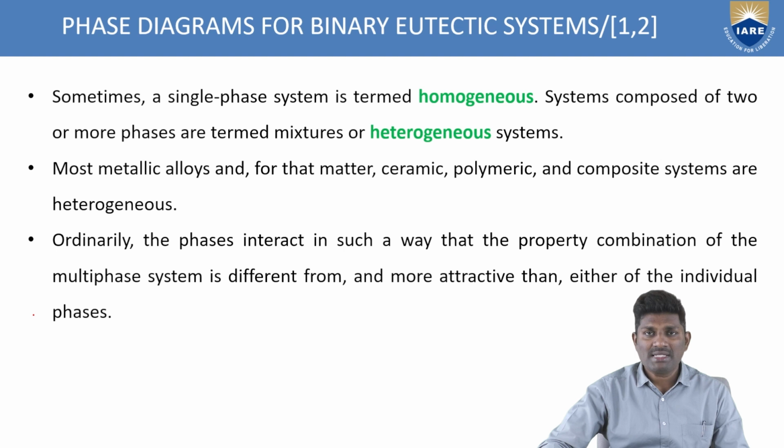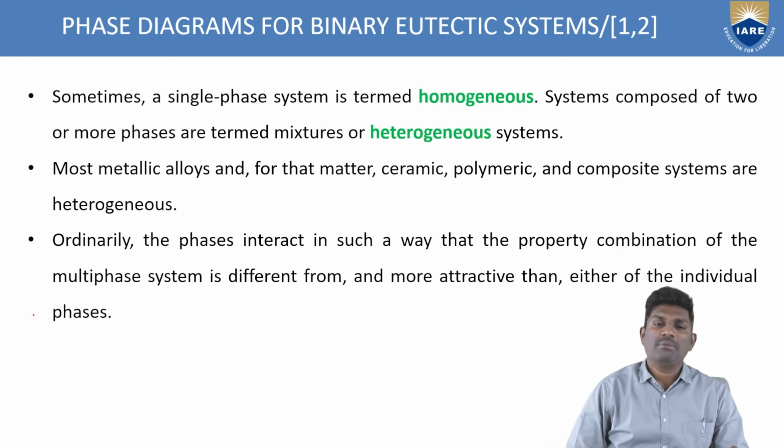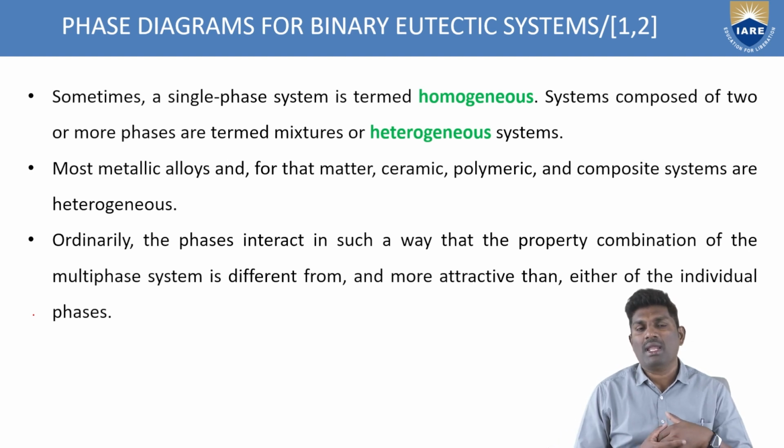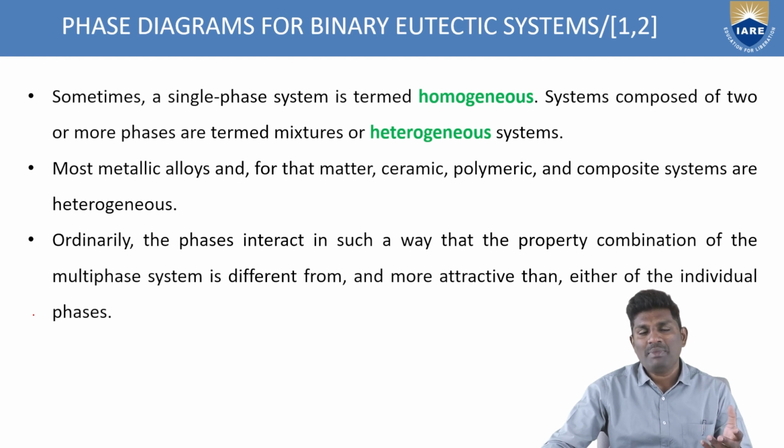Ordinarily the phases interact in such a way that the property combination of the multiple phase system is more attractive than that of the individual phases. Because of the two different phases present in the material, the properties are enhanced.